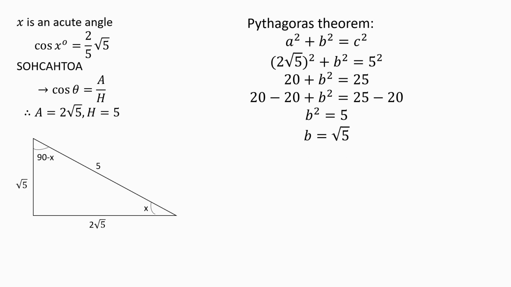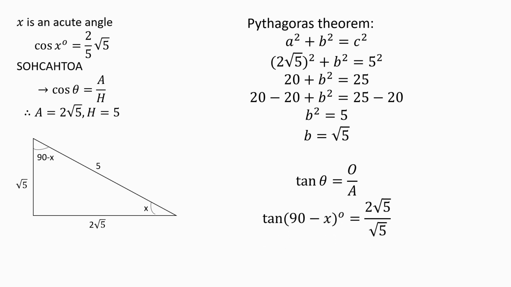So in our triangle, the third side is root 5. Then if we had x, the other angle will be 90 minus x. And we've been asked to find tan (90 minus x) degrees. From our trigonometric ratios, we know that tan theta, being any angle, is equal to opposite over adjacent.